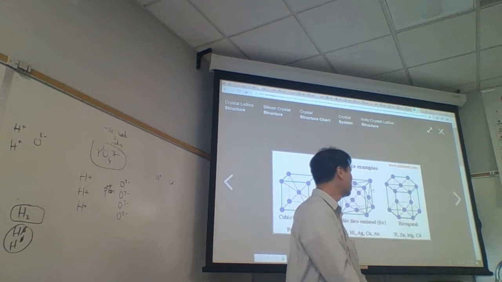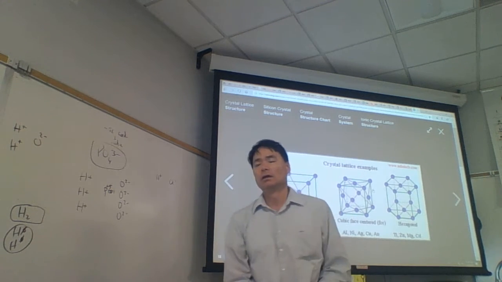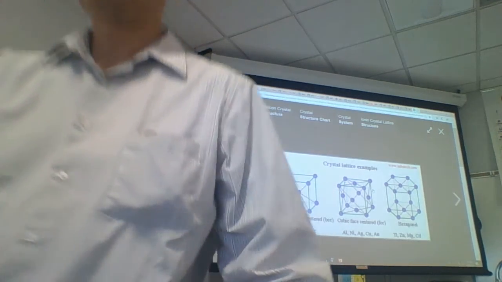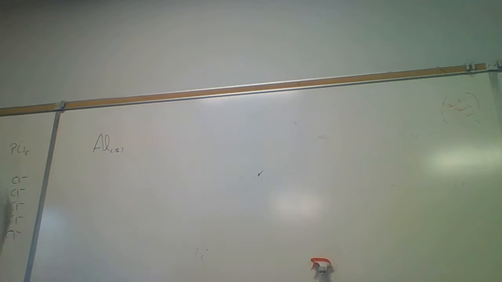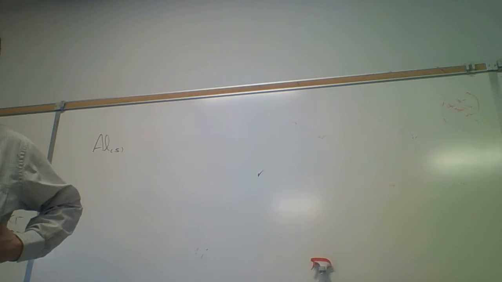No. Each aluminum is neutral. It's got to be neutral because it's aluminum metal. Now, aluminum ion occurs too, but aluminum ion's different. Aluminum ion occurs in compounds. This is the element aluminum.